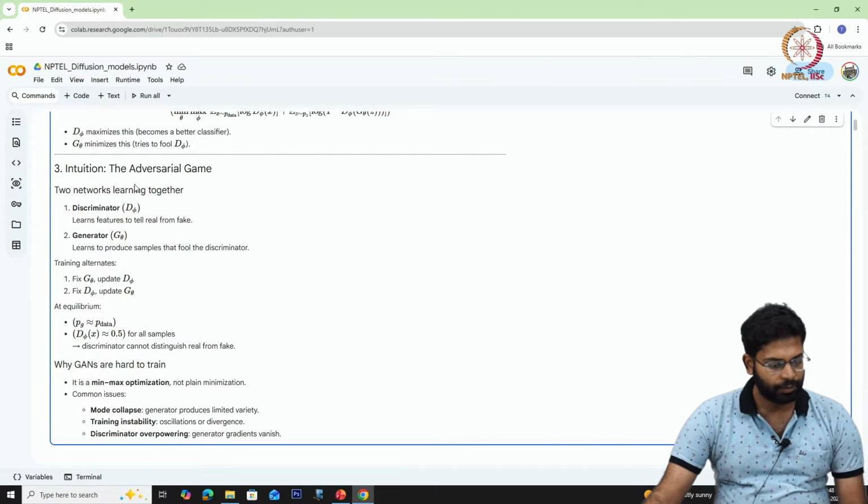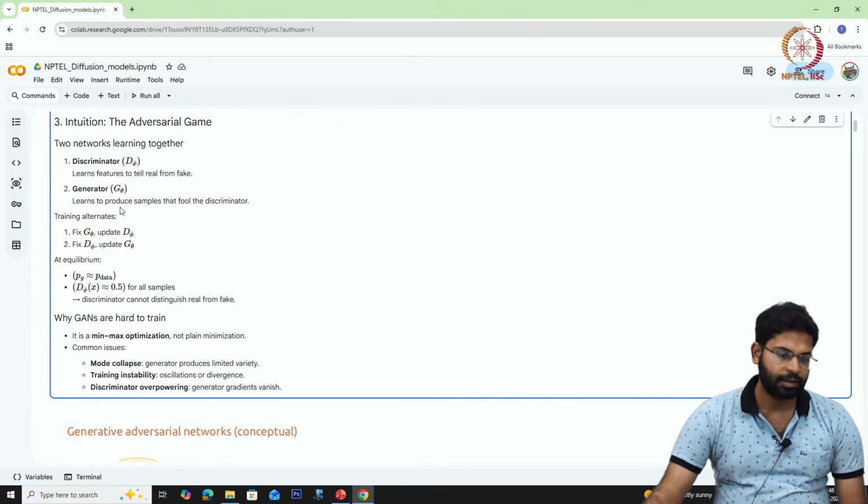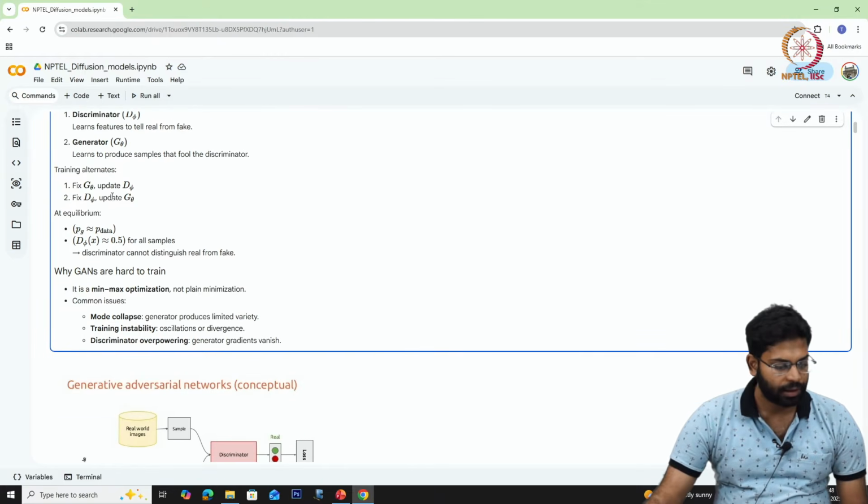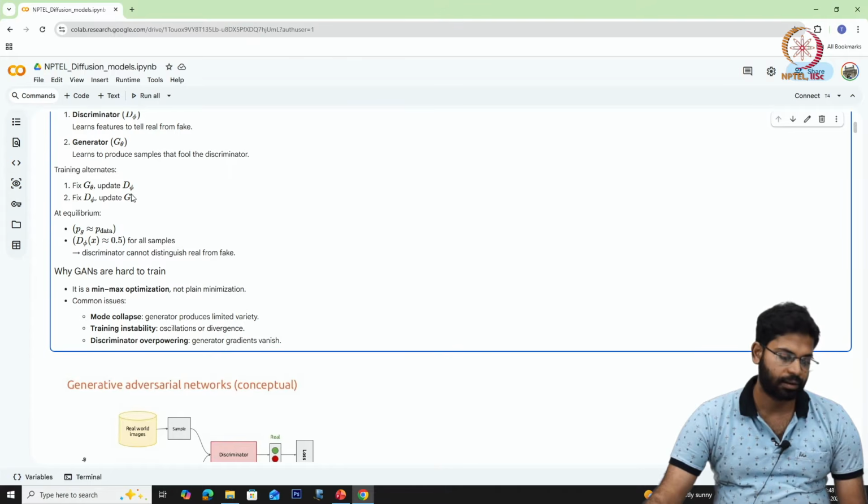Coming to the intuition, it is an adversarial game. Two networks are learning together. One is the discriminator that learns the features to tell real from fake. On the other hand, there is the generator G theta which learns to produce samples that fool the discriminator. Training alternates: first fix G theta and update the parameters of the discriminator D phi.